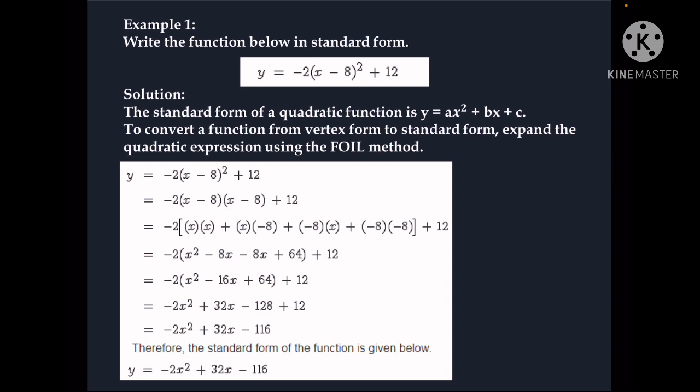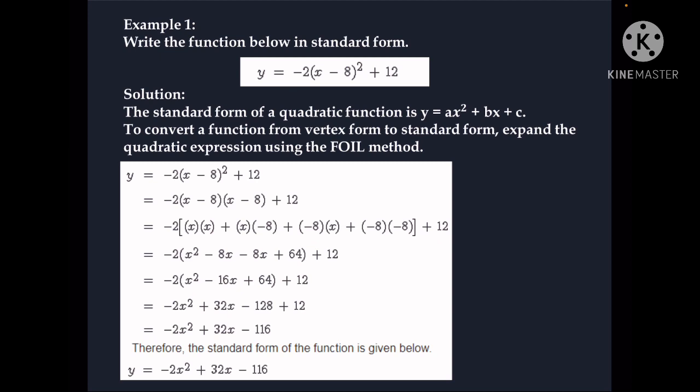Our first drill or example. Write this function, which is negative 2 bracket x minus 8 to the power of 2 plus 12, in standard form. The solution for this question is by converting it to the standard form formula, which is ax squared plus bx plus c.